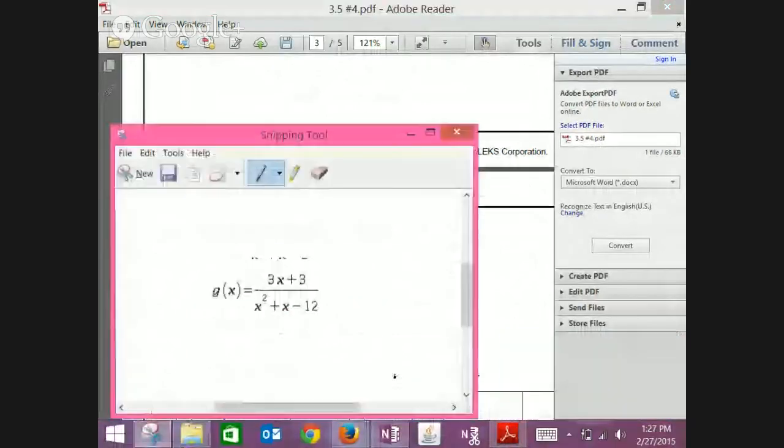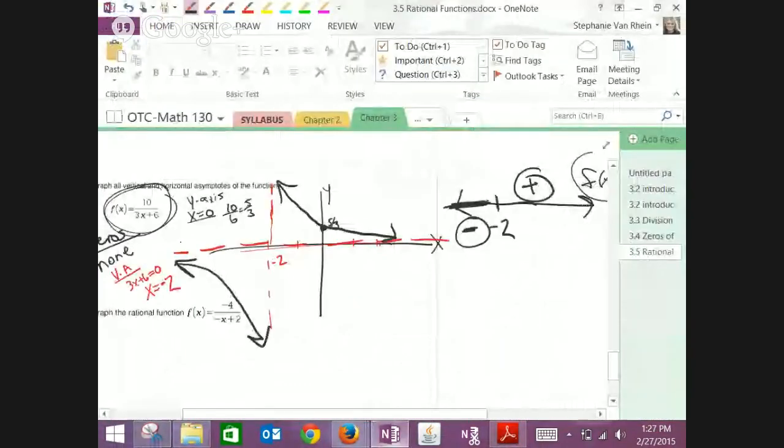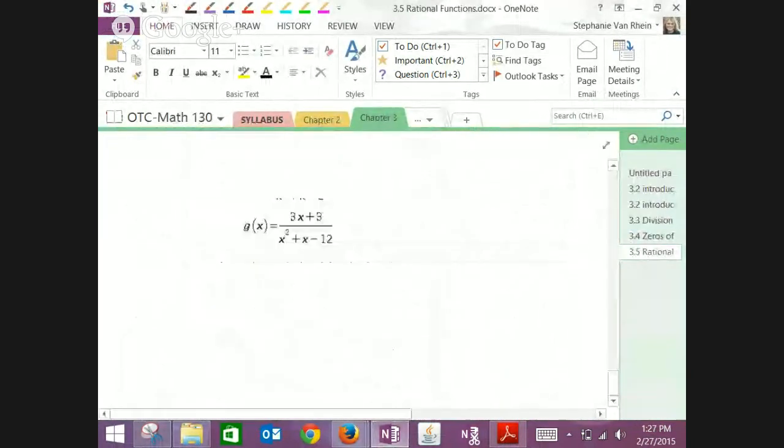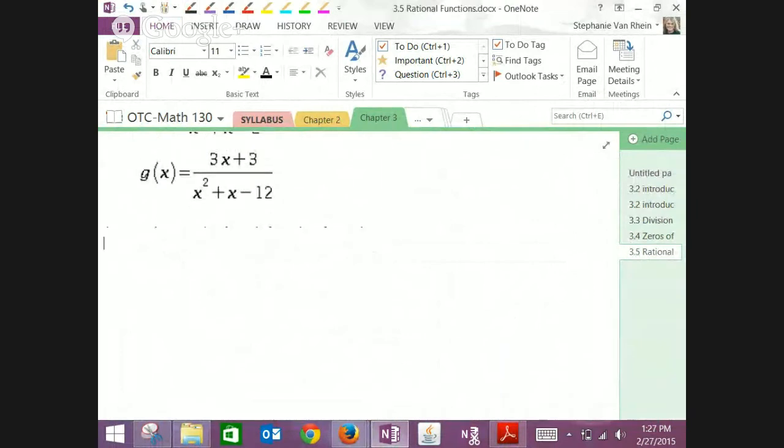Let's look at graphing this one. Let's graph this function, g of x. Where do you want to start? See if there are any zeros. So how would I find zeros?